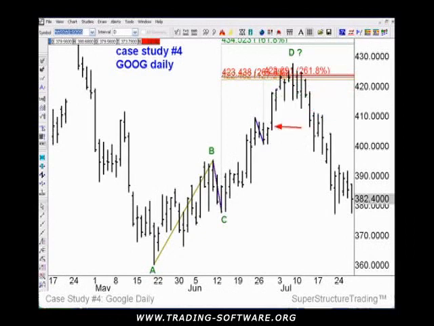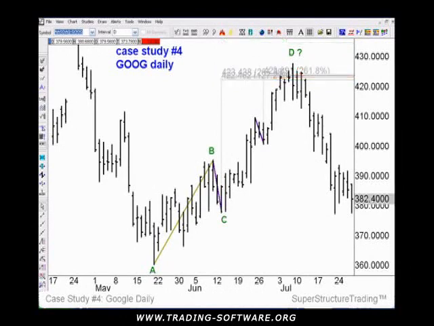Remember, this is a supporting structure to support the dominant measure move, capital A, B, C, D. So when this little supporting structure also gives you an extreme calculation, again 2.618, close to the other two calculations off of the dominant bigger formation, then that's a telltale sign to be careful if you're still holding long positions.